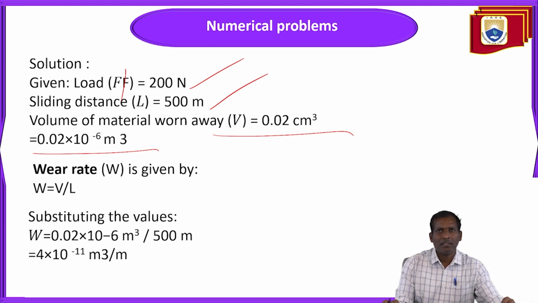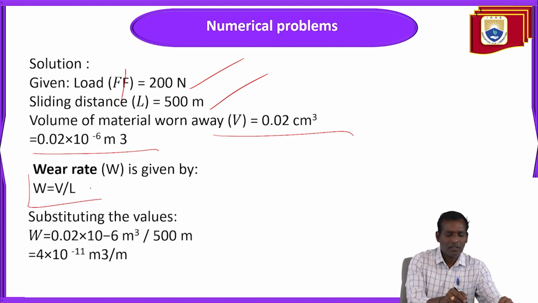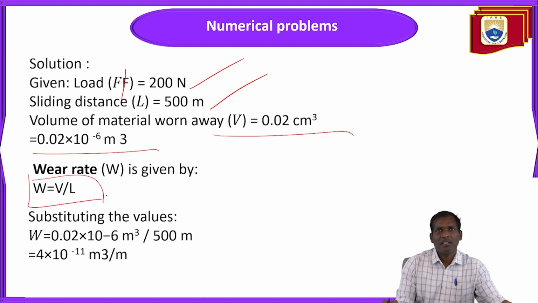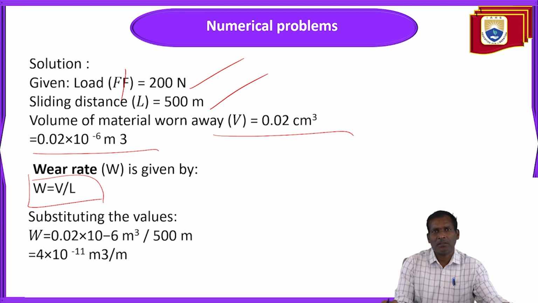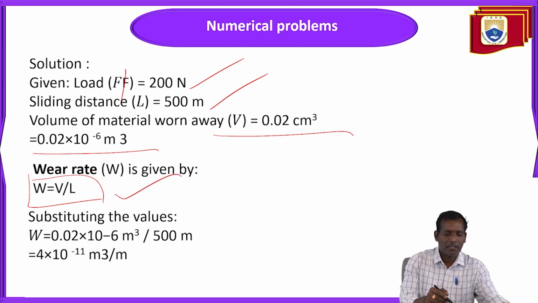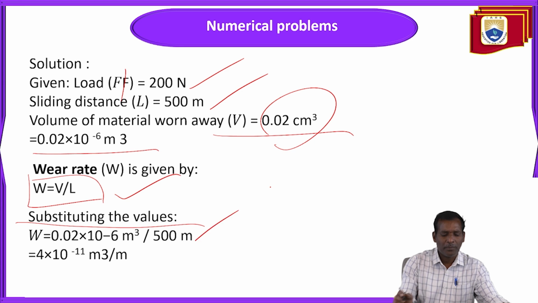The wear rate is given by V upon L, that is the volume of material upon the sliding distance. So how much wear occurred for a particular distance. That's wear rate, V by L. Substituting the values, V is 0.02 into 10 to the power minus 6 upon L, and L is 500 meters.